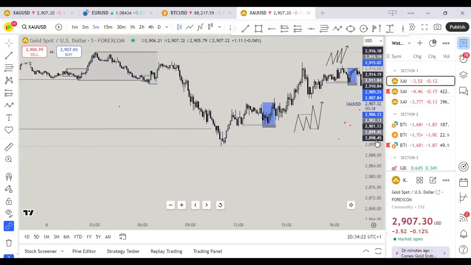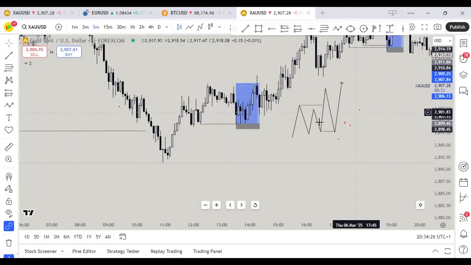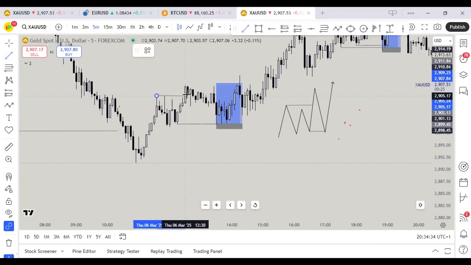Now, let me quickly talk about this one. If you guys can tell me which type of pattern is this, I know you guys are following. Which type of pattern did I trade right here now? So I took this trade today.